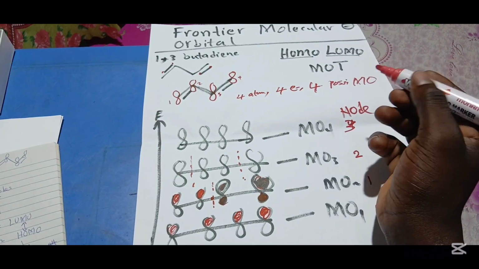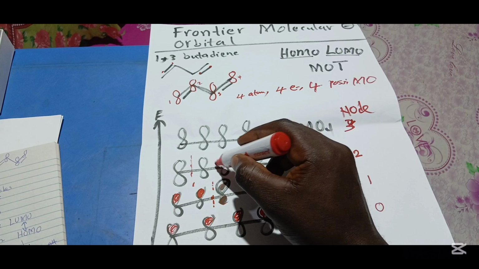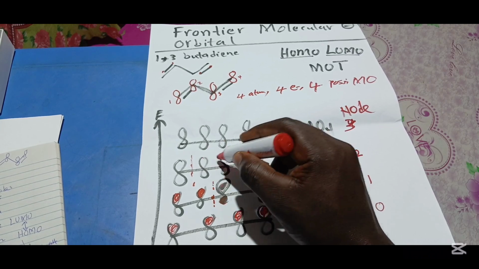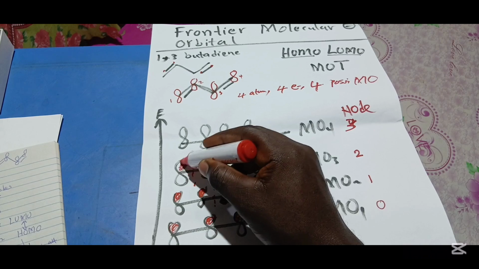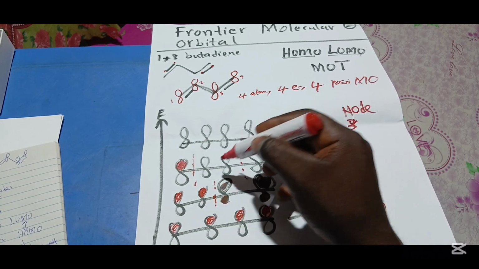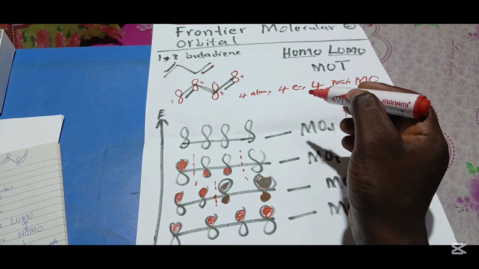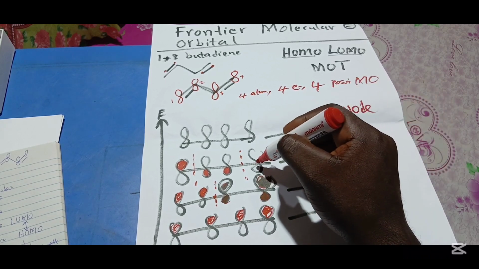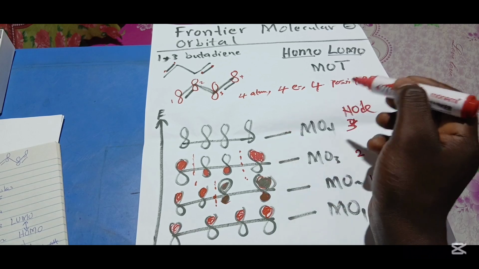So now we have two nodes here. This means those which are not divided by nodes will definitely be in phase with each other. So if this is upward, we are going to have these two atomic orbitals in phase, right? Possibility. After that, we also get this one standing alone.